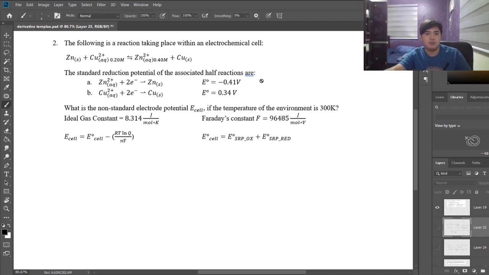The standard reduction potentials of the associated reactions are the following, and the question is, what is the non-standard electrode potential E cell if the temperature of the environment is 300 Kelvin? Now this is not standard, this is non-standard. So we have to use the Nernst equation, which is this.